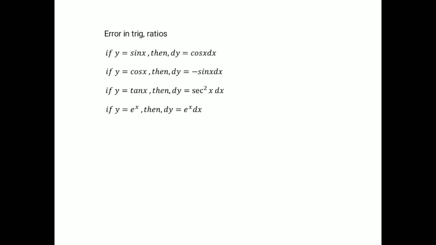And also if y is equal to exponential x, then dy is equal to exponential x dx, which you can also write as y dx since exponential x is y. So please let's note that.